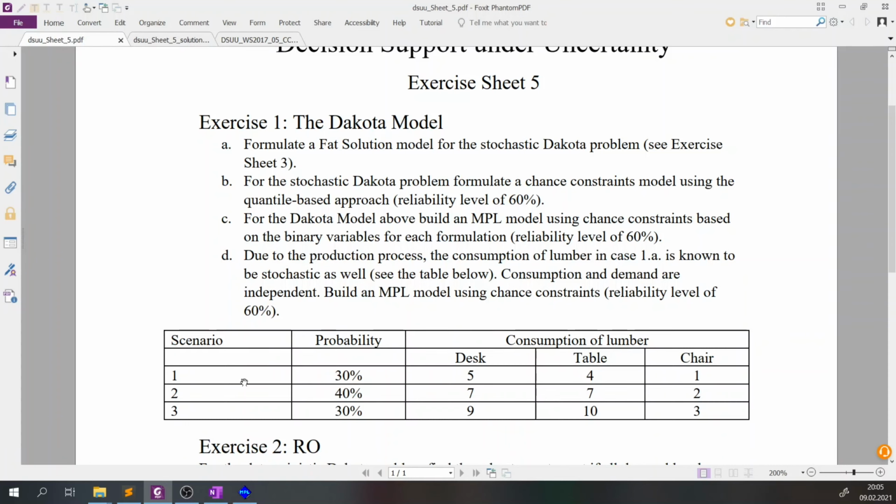And for that, we have also 3 scenarios with probabilities 30, 40, and 30. And it's mentioned here that the demand scenarios and consumption scenarios are independent. It basically means that if we have scenario 1 for the demand, it doesn't mean that for the scenario 1 of demand, we always have the scenario 1 for consumption. We can have any scenario for the consumption.